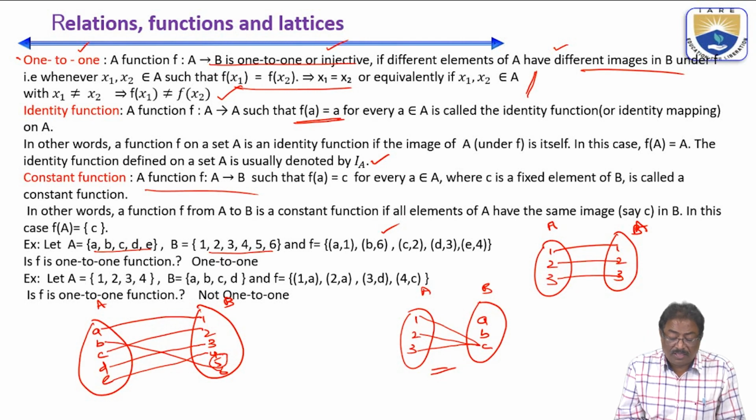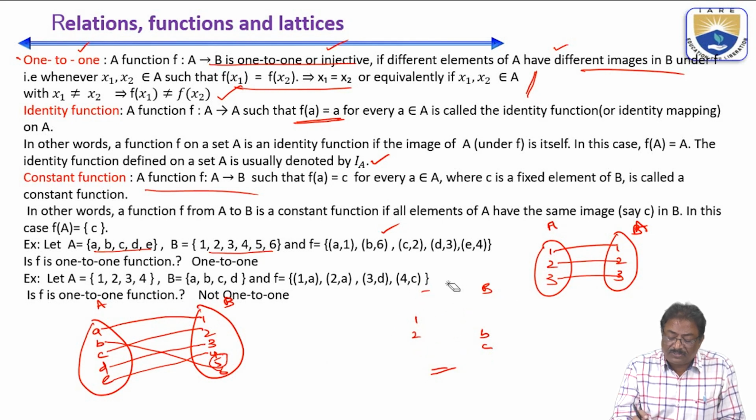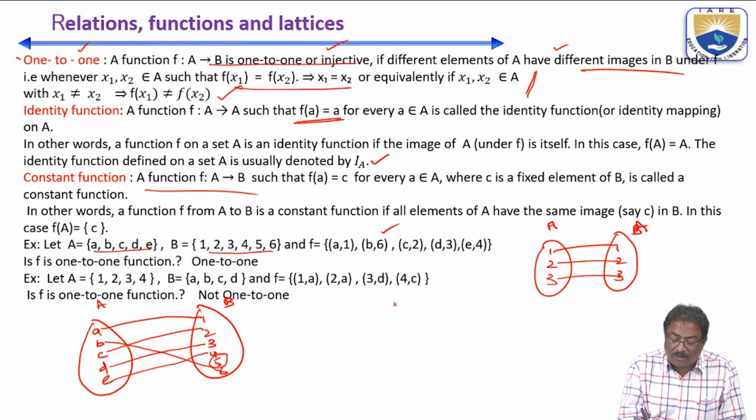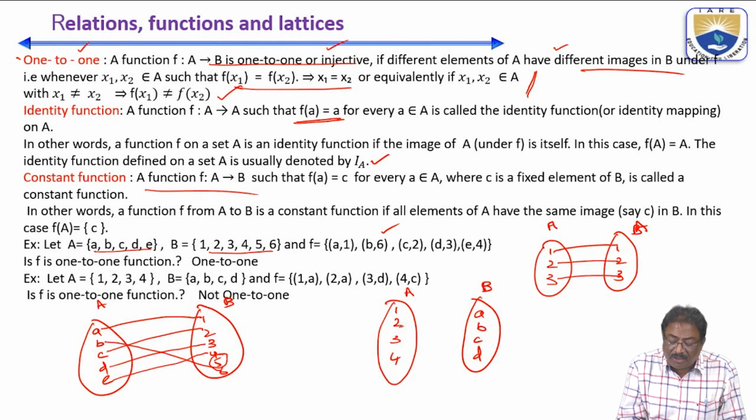Then another one. Let the set A be defined as 1, 2, 3, 4 and B as a, b, c, d. f of 1 is a, 2 is a, 3 is d, and 4 is c.